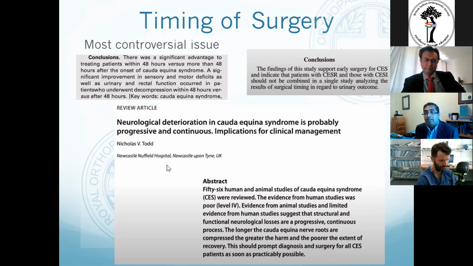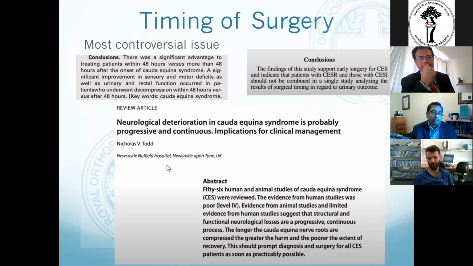Another meta-analysis in 2008, I forgot the name to be honest, showed that we cannot analyze CESI patients with CESR patients. They are a totally different entity, and they should be analyzed in separate patient groups, because there's much more to lose in CESI patients than CESR patients.